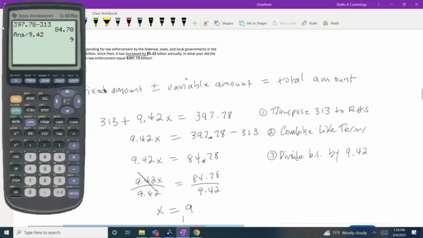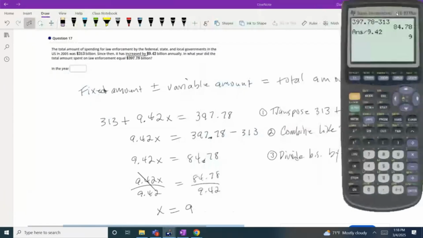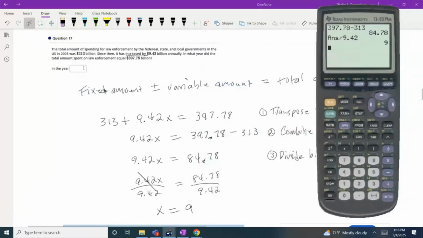But this doesn't quite answer the question, though. It wants to know in what year. So we started at 2005. We got x equal to 9, but keep in mind that 9 represents the amount of years. So if we were to add the 9 plus the 2005, we would get the year 2014.